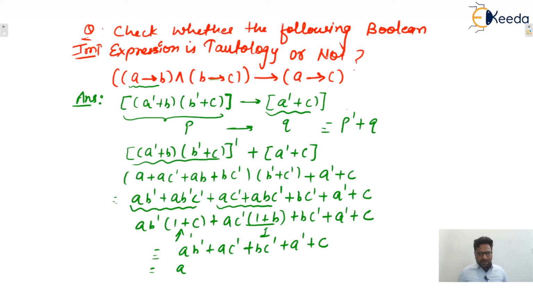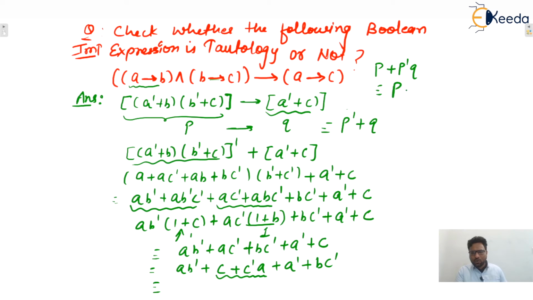Can we write it like that? AB dash plus C plus C dash A, plus A dash plus BC dash. Now here apply distributivity. Remember this one: P plus P dash Q is always equal to P plus Q, because you can apply distributivity here.